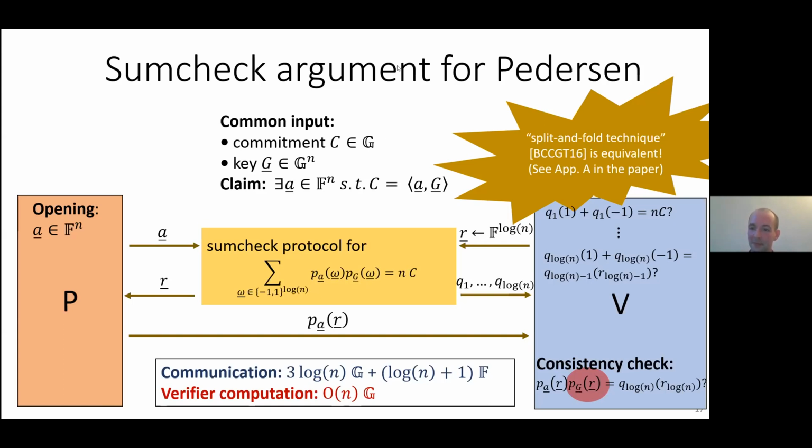information. So you're saying the other direction is also true, that if I want to do a sum check on a product of multilinear polynomials, I can save a field element in each round if I do a split and fold. Yeah, that's right.